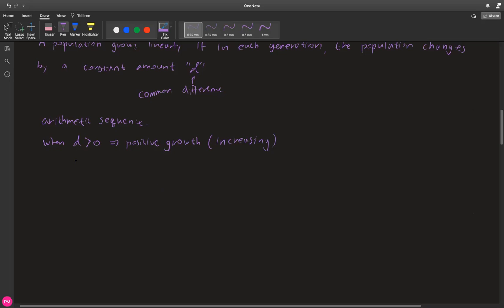And when D is less than 0, in other words, D is some negative number, then we consequently have a negative growth. And this is a decreasing sequence.